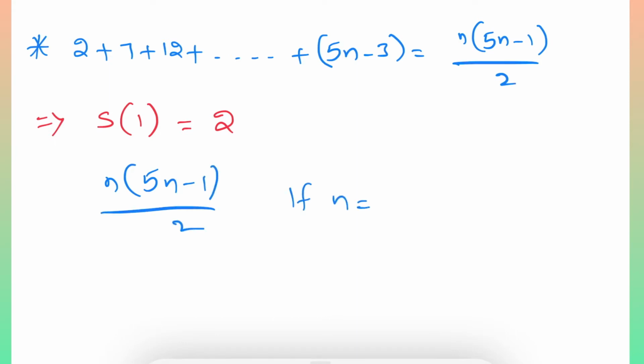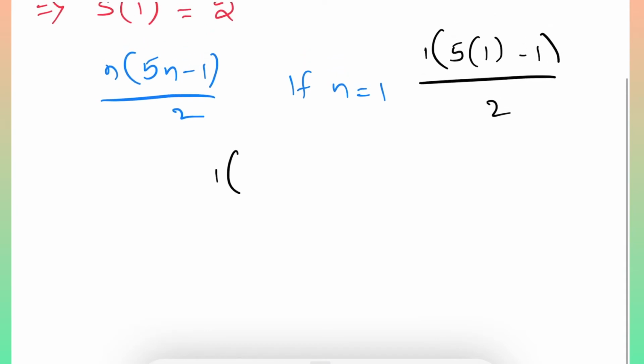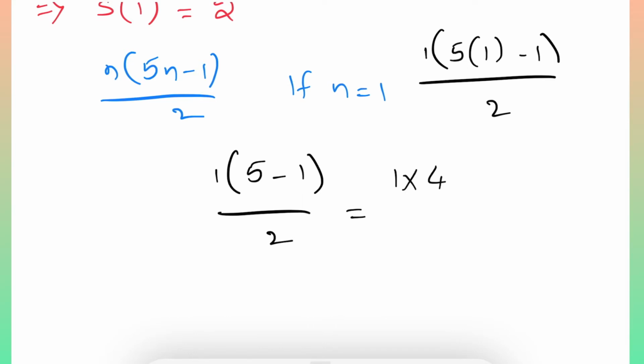If n equals 1, we get 1 into (5 into 1 - 1) divided by 2, which is 1 into (5 - 1), that is 4, divided by 2. If you cancel, 2 twos are 4, so we are left with 2.